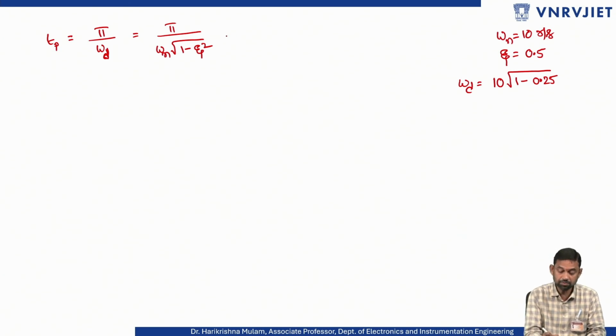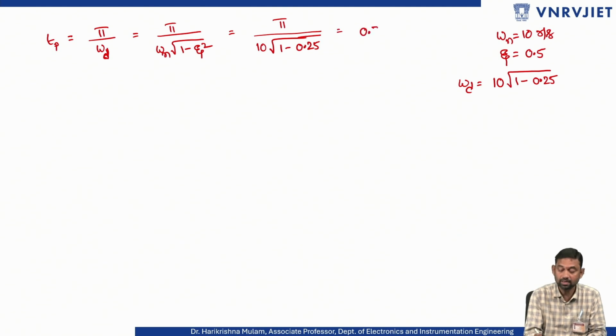Then if you substitute those values, peak time is equal to pi by 10 into square root of 1 minus 0.25. If you solve this expression, you will get 0.363 seconds. The peak time is 0.363 seconds in this system.